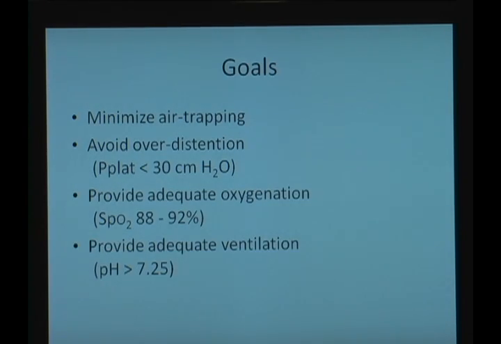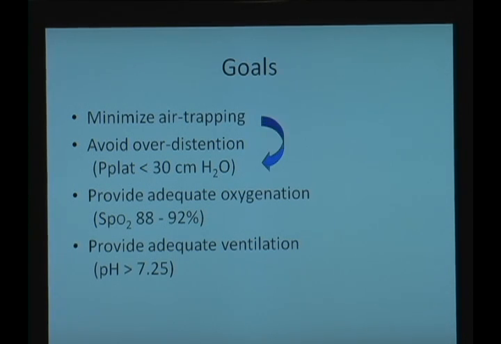Our goals in ventilating patients with obstructive lung disease are first and foremost to avoid air trapping, overdistension, auto-PEEP, and so forth. And as with any mechanically ventilated patient, we want to avoid overdistension injury by keeping the plateau pressure as low as possible, and certainly less than 30 centimeters of water.